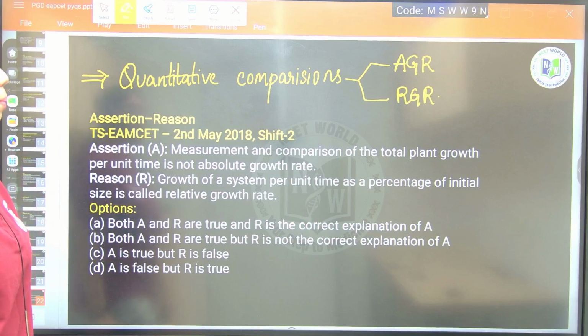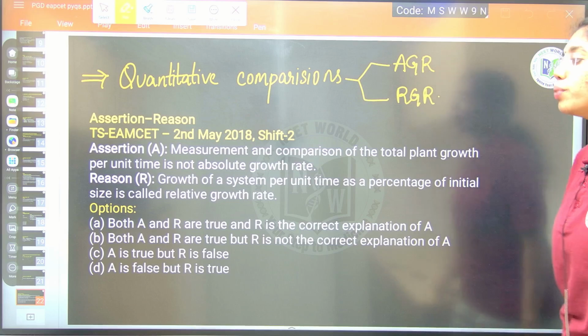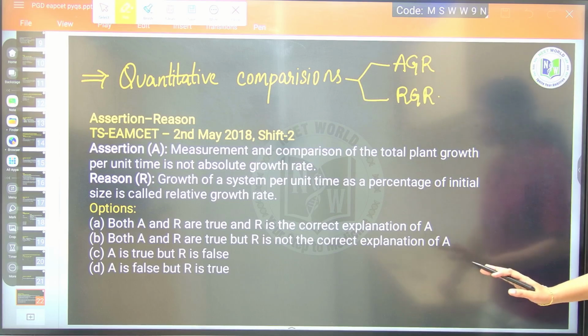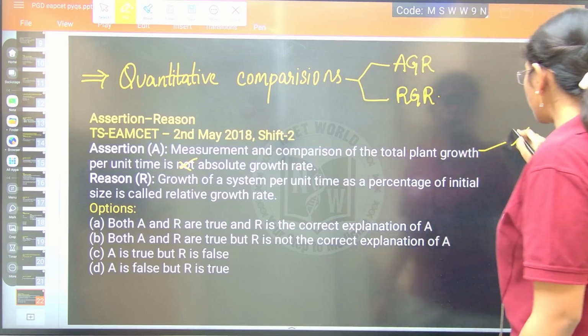Clearly see: the total plant growth per unit time is known as absolute growth rate, but it is not absolute. Assertion is wrong.